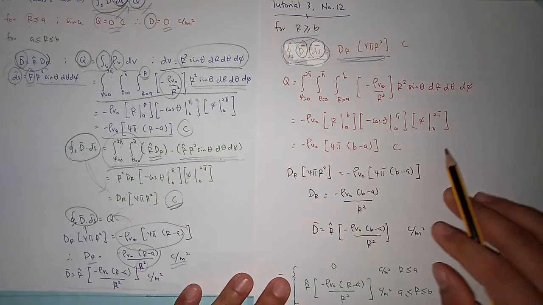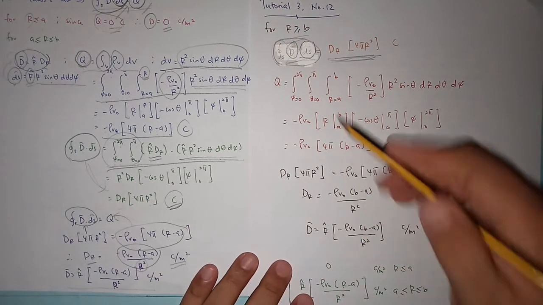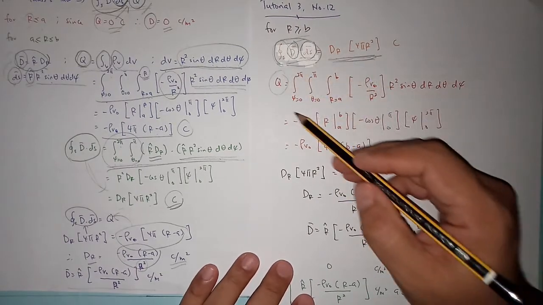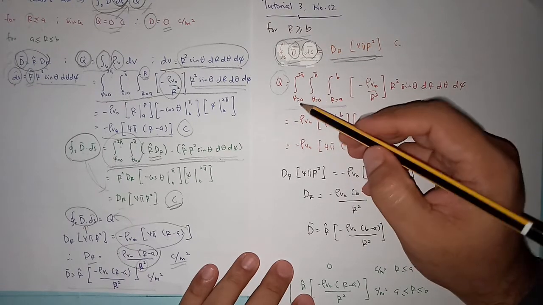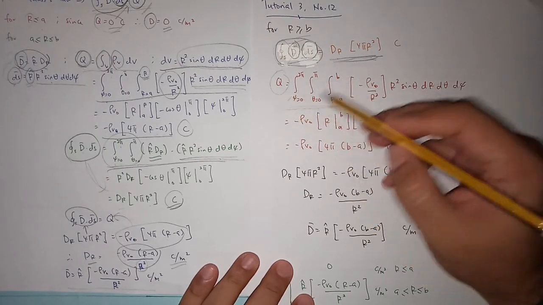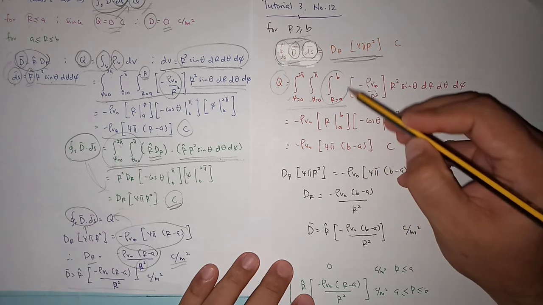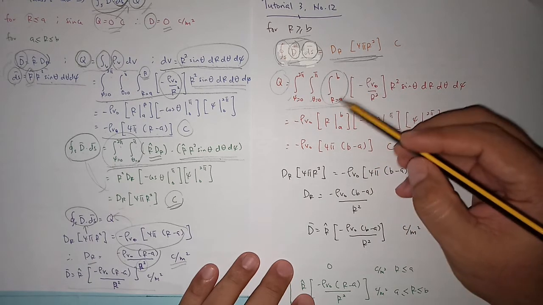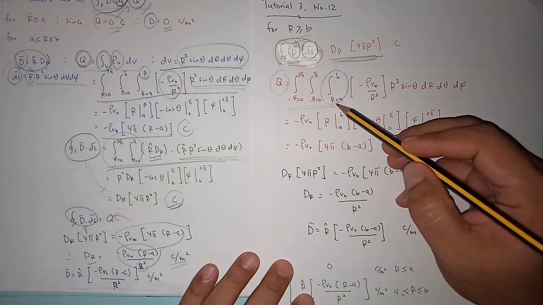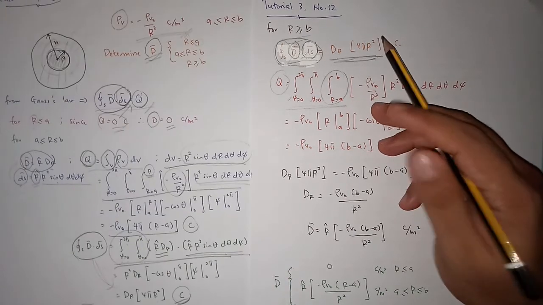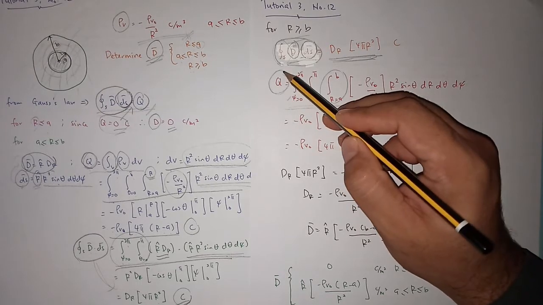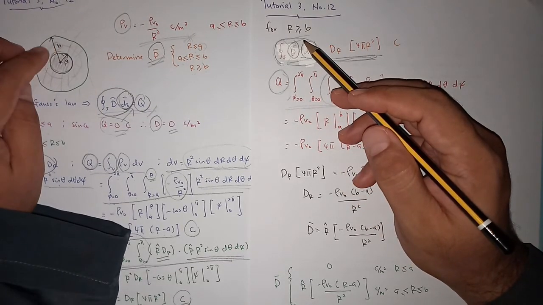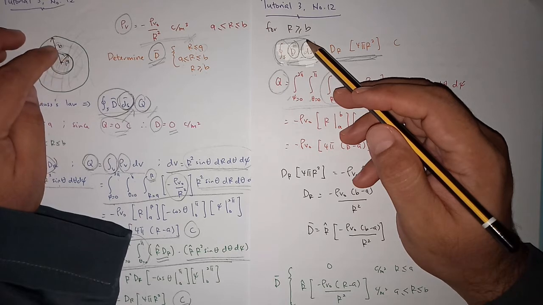However, for the Q, we need to perform a volume integration. We will have the same limits for phi and theta. However, in this case, the limit for r is a until b, because we are searching for the total charge here, and the charge only exists between a and b.